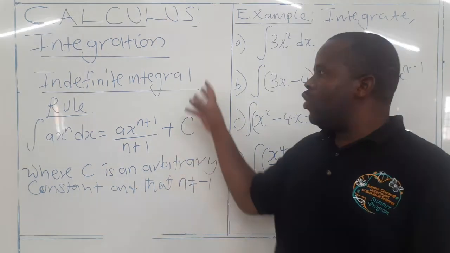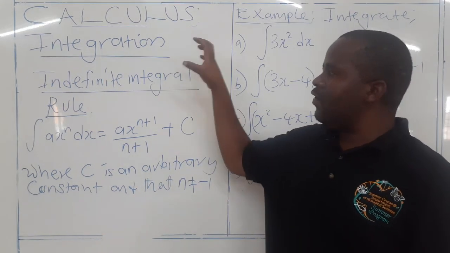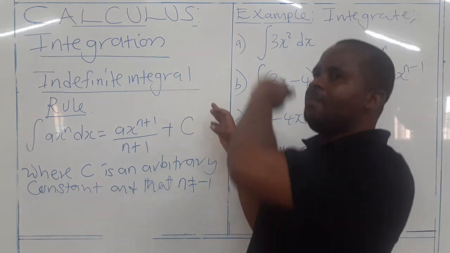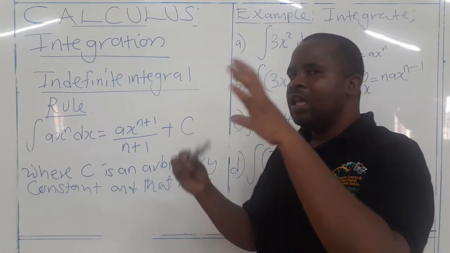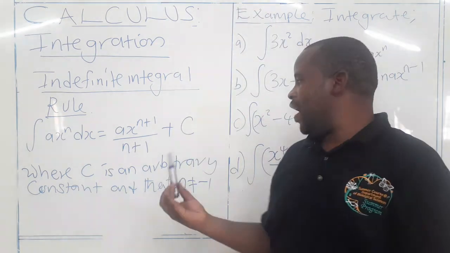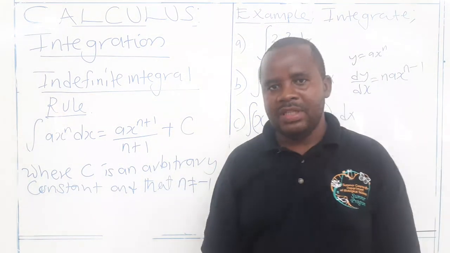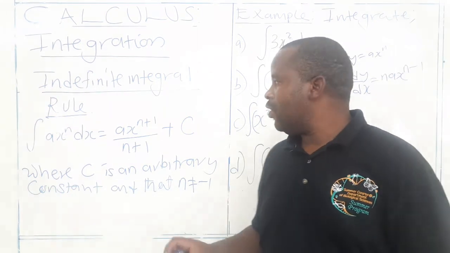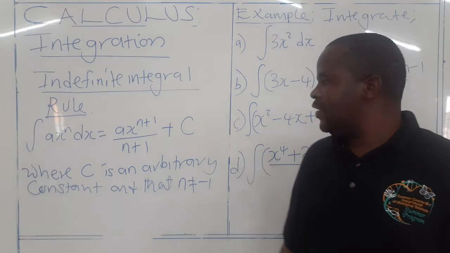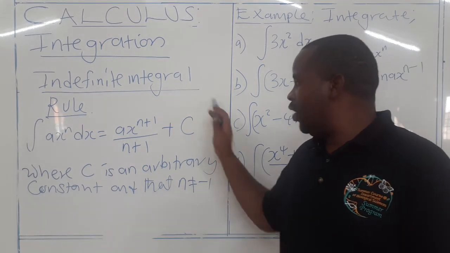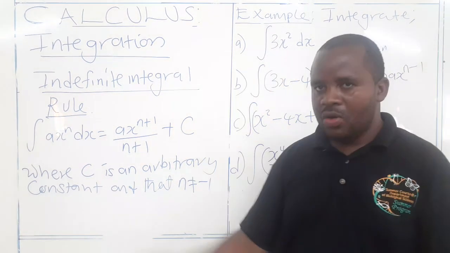Because you have a derivative or a gradient of a function, then you would want to take it back to the original function. So you may not understand the original constant that was there. Hence we fix an arbitrary constant if there are no limits. But of course, we are able to find this. So I think in the next video, we'll look at how we'll be getting the arbitrary constant.